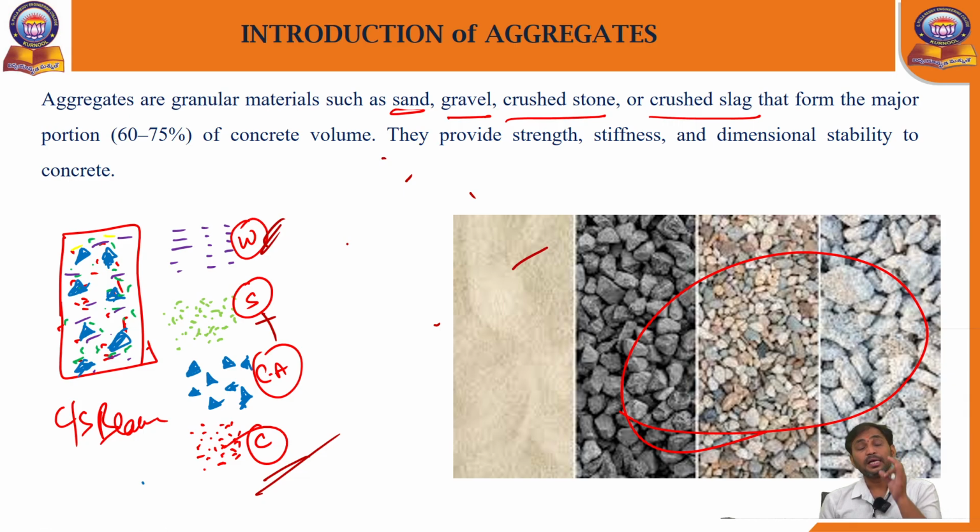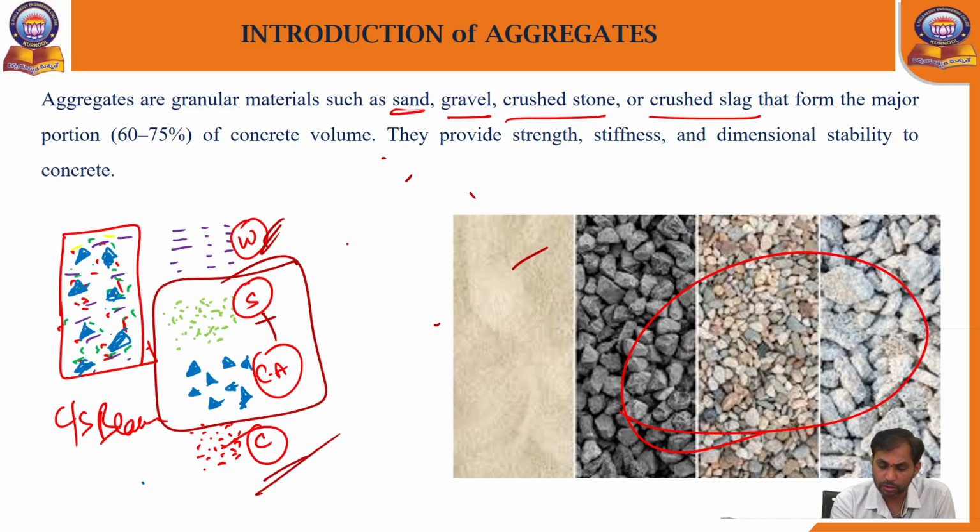Aggregates are available as natural sources of materials, as sand, gravels or granular stones, and they form the major portion of a concrete member, 60 to 75%. What do they provide in a concrete member? To reduce the air voids, we are using sand.